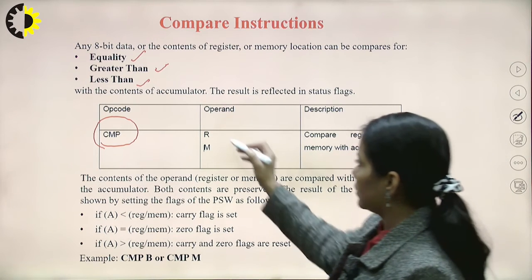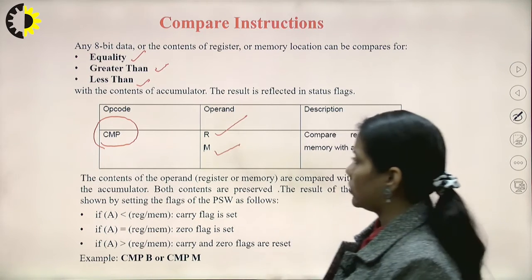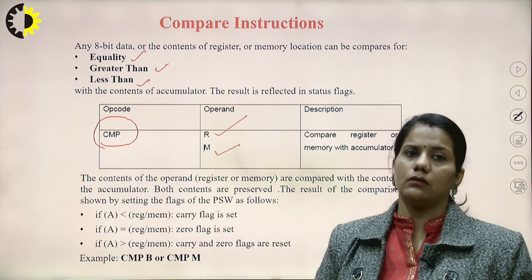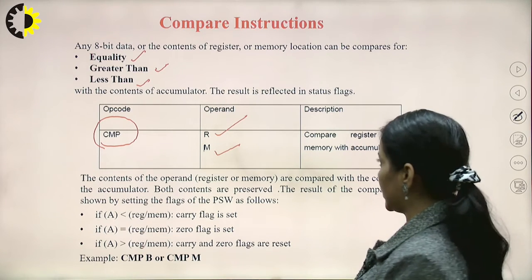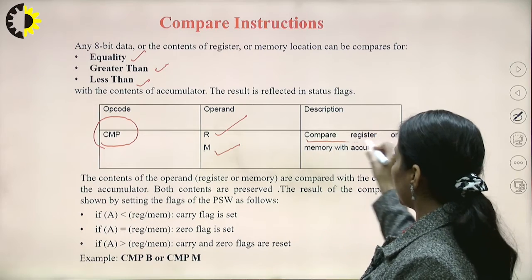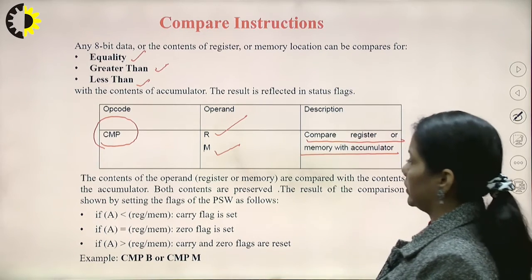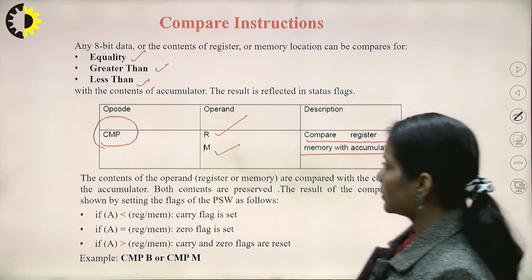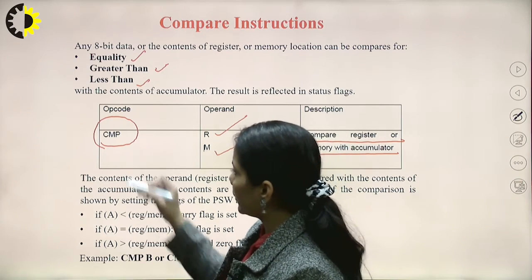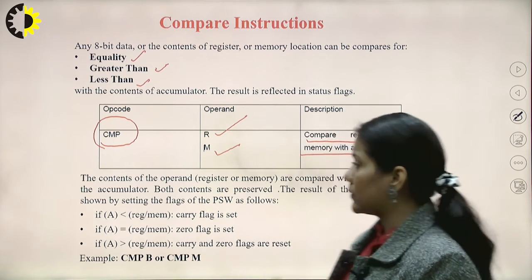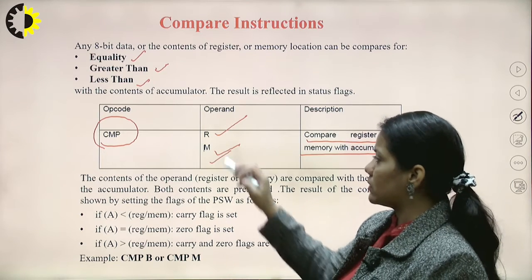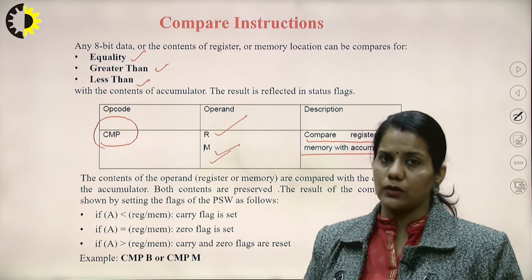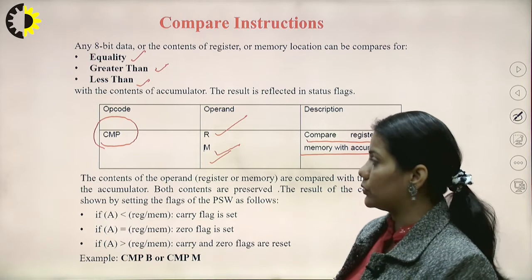It will compare the register or the memory location pointed to by the HL register pair with the accumulator. By default, one operand is the accumulator in this case, and the operand is compared to the accumulator only.